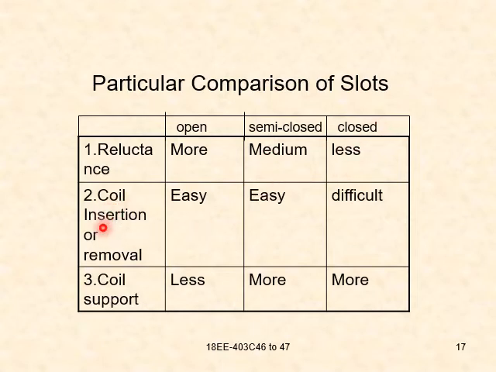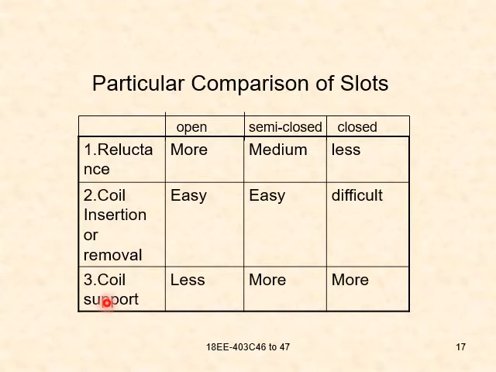Similarly, coil insertion or removal. That means if any winding gets damaged, then it should be removed and inserted again. So the coil insertion or removal will be easy in open type and also easy in semi-closed type, and it is difficult in closed type since it is closed. Coil support.